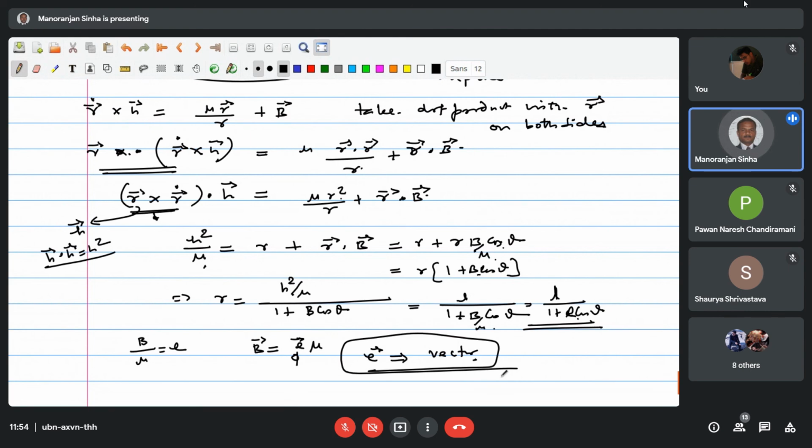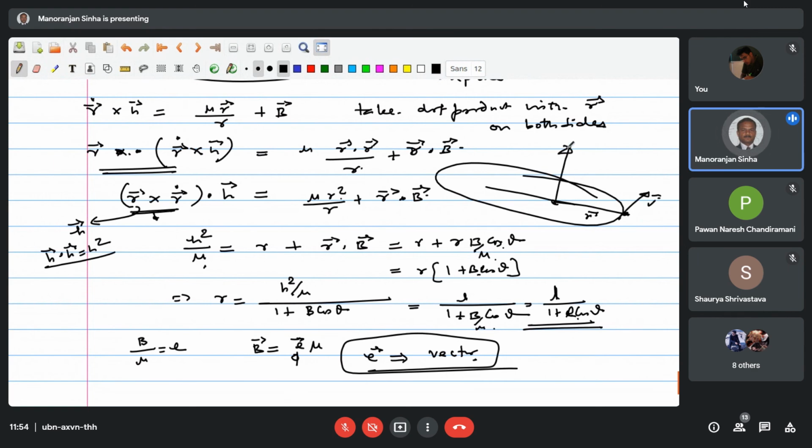This earlier we have written in the conic section equation, r equal to L minus E dot r. The B vector is coplanar with the R vector, there is nothing great in that. Take the orbit from here to here, this is your R vector, this is the V vector.